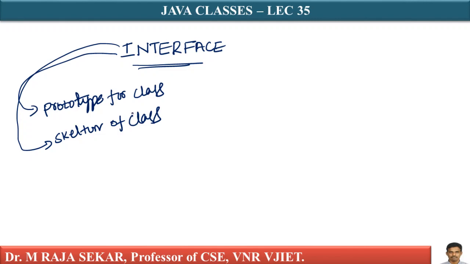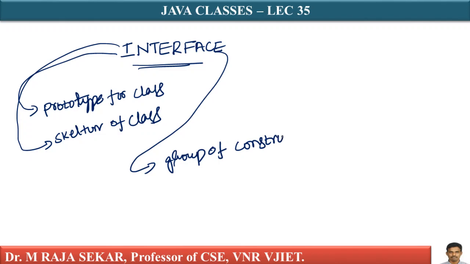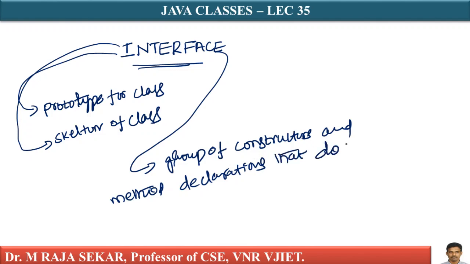An interface is a class, I can say it is also a class. An interface is a class containing a group of constructors and method declarations that do not provide implementation.